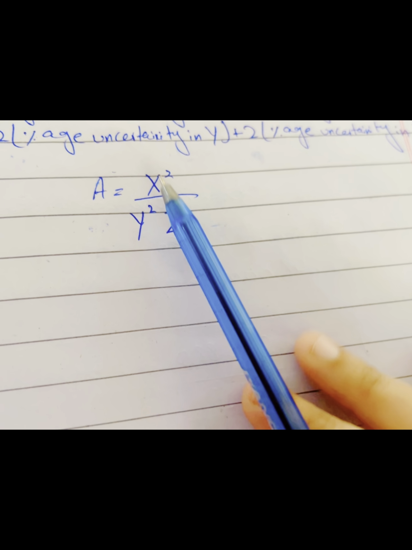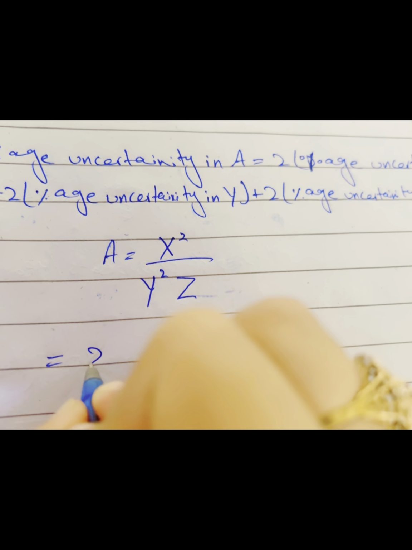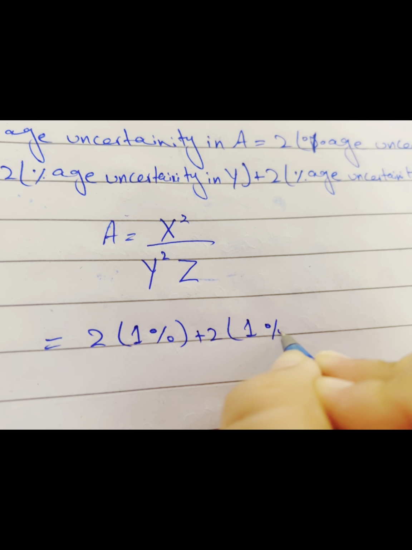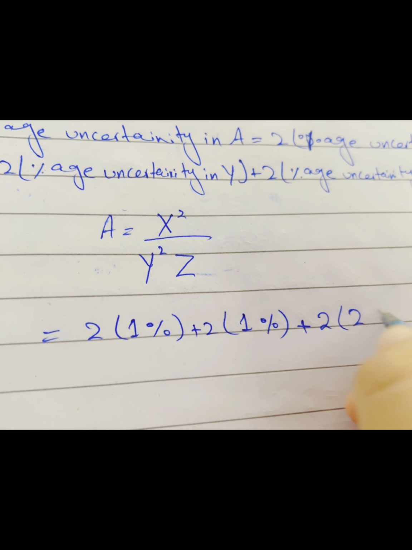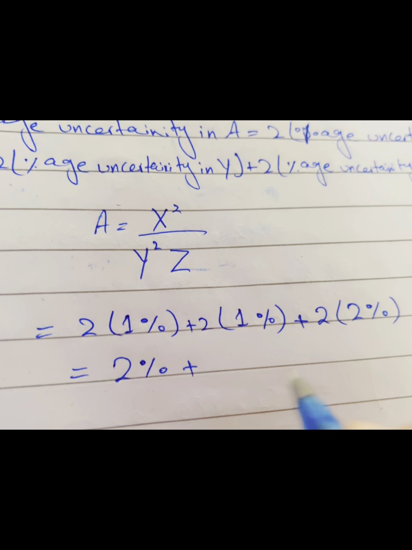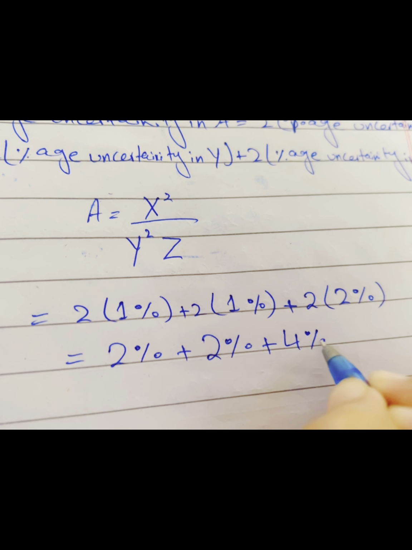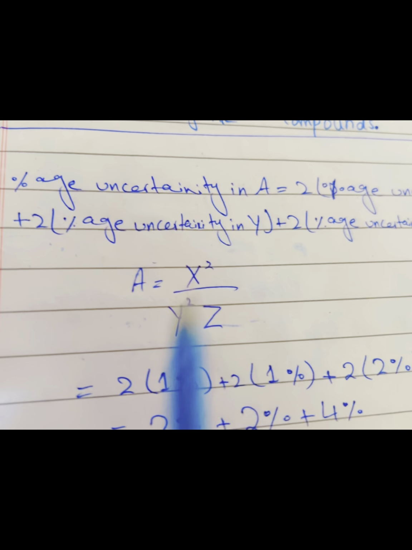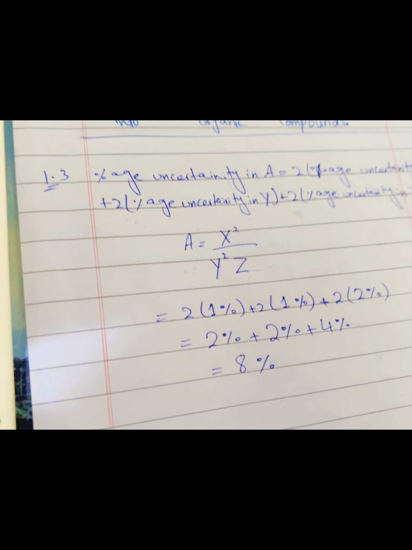So the given values for percentage uncertainty in x, y and z are 2 into 1% plus 2 into 1% plus 2 into 2%. 2 into 1% is 2% plus 2 into 1% is 2% plus 2 into 2 is 4%. 2 plus 2 is 4 and 4 plus 4 is 8. So the total uncertainty in A will be 8%. So this is numerical number 3.